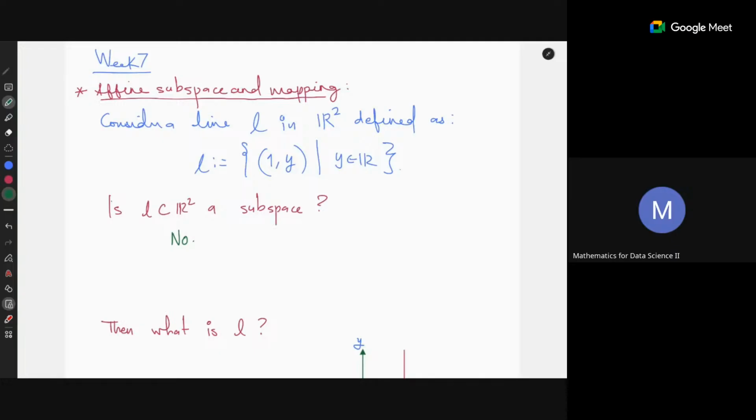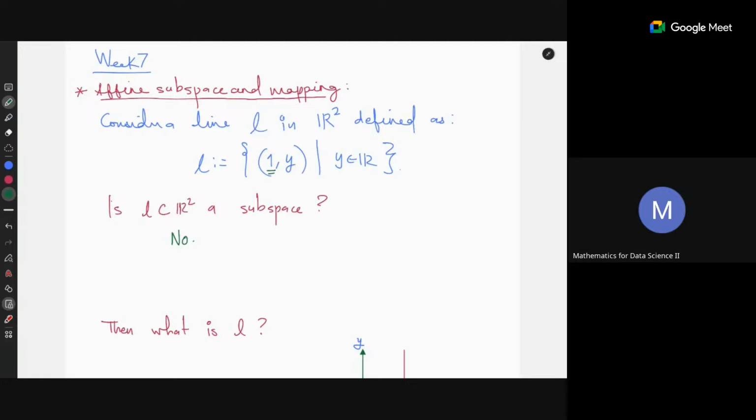But it looks like a subspace, because if I take this one out, then it is just the y-axis which is translated. And we know the y-axis is a subspace. So it has the property of a subspace in some sense, but it's not a subspace.